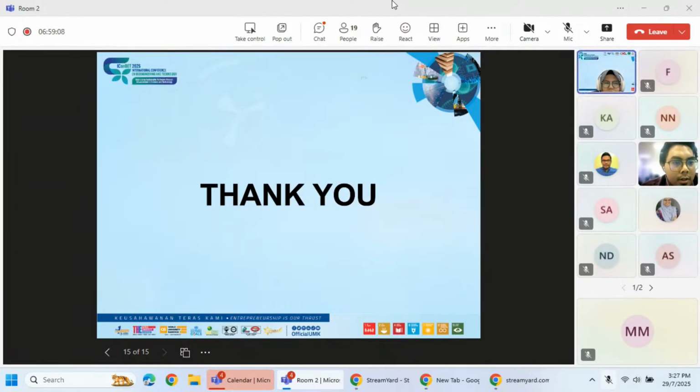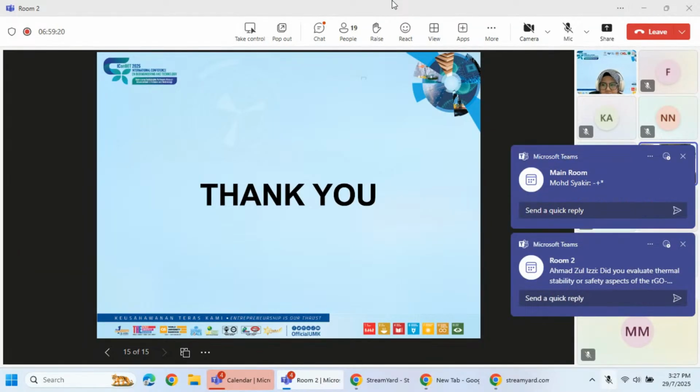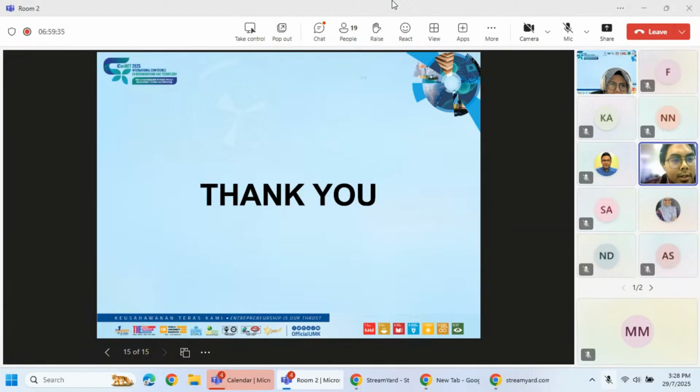Yes, because actually I measure the data using OriginPro, and this has a function that can calculate the area of the graph.